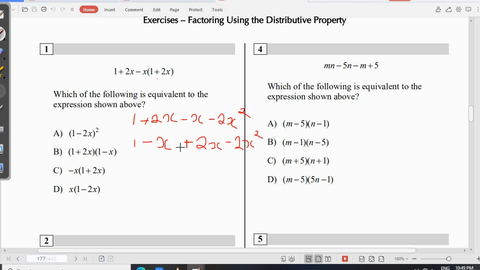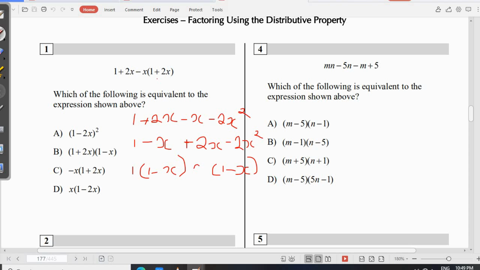So we have 1 minus x plus 2x squared minus x. Here we can easily solve this by putting 1 into 1 minus x. Put that same 1 minus x here. What do you think will work here?